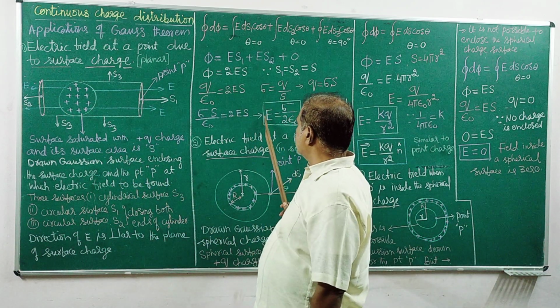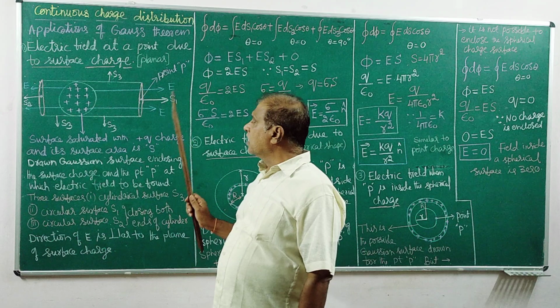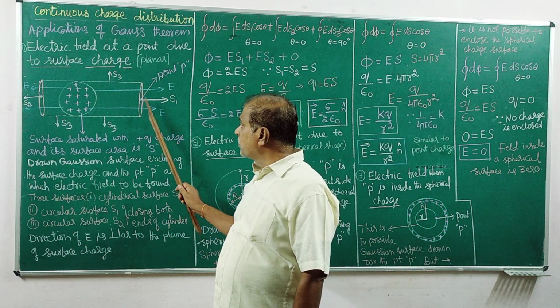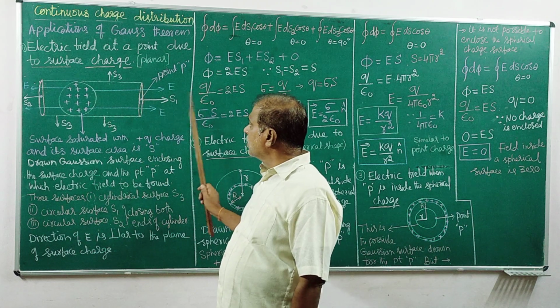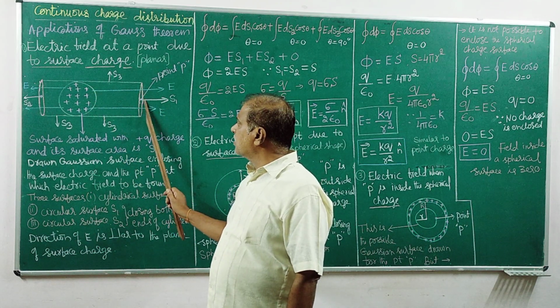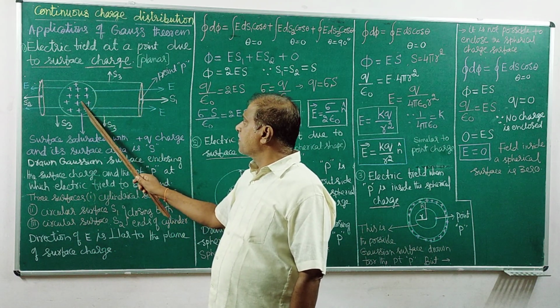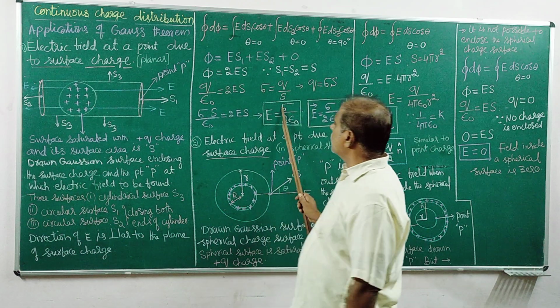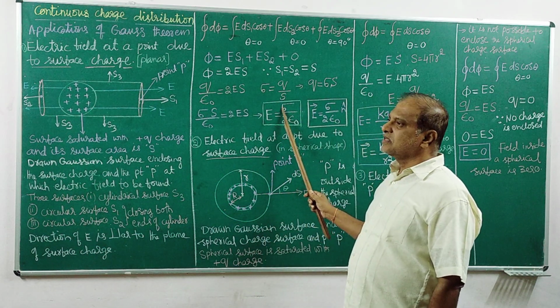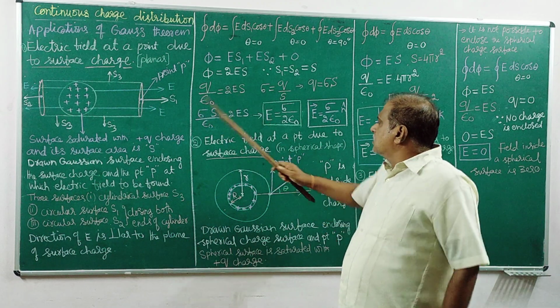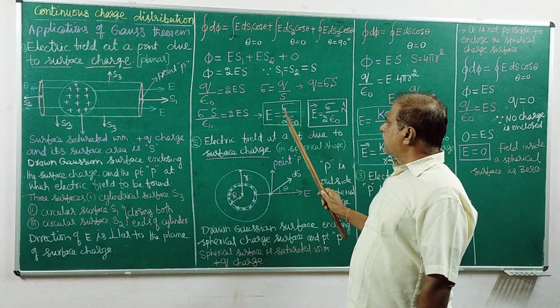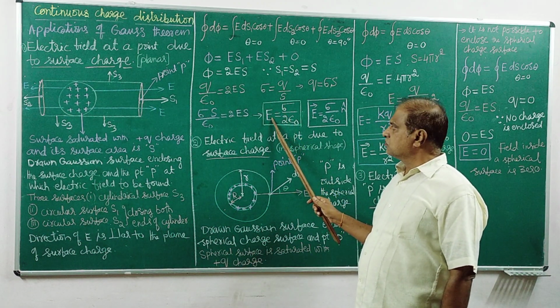This electric field does not depend on the distance of the point from the surface, whether it is here or away. It is independent of the distance from the surface. Therefore, it depends only on the surface density of the charge. Higher the density, higher the field at the point. It is the magnitude of the electric field.